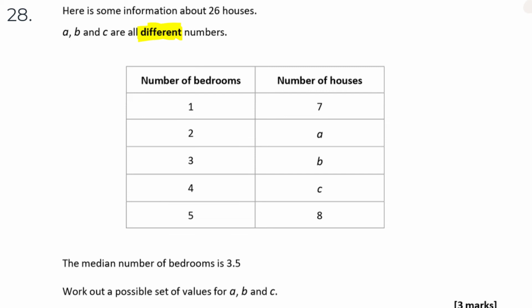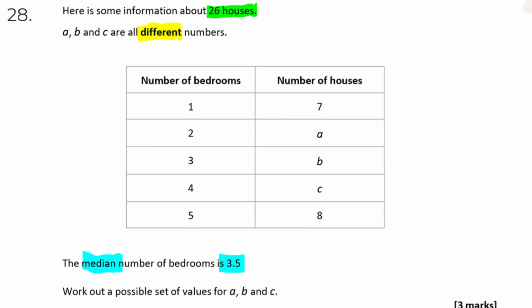We know that the total number of houses is 26, which is going to tell us something about A, B, and C. We know that A, B, and C are all different, and we know that the median number of bedrooms is 3.5. Those three facts should be enough for us to work out what A, B, and C is.